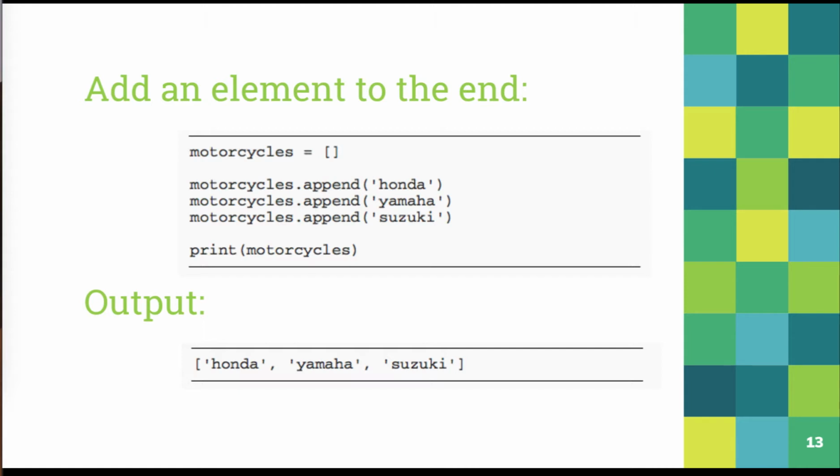And then the list is empty, so to add something to it, I use my append method. And so I can append my 3 items to the list. When I print motorcycles, you'll see that Python is storing Honda, Yamaha, and Suzuki in that list. Make sure you understand how this works before we move on.